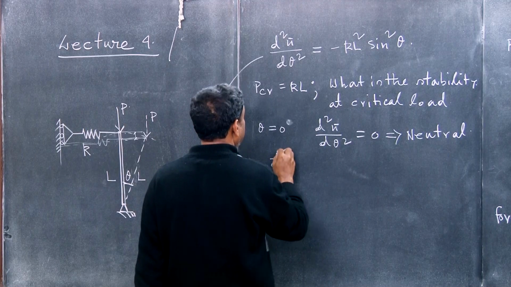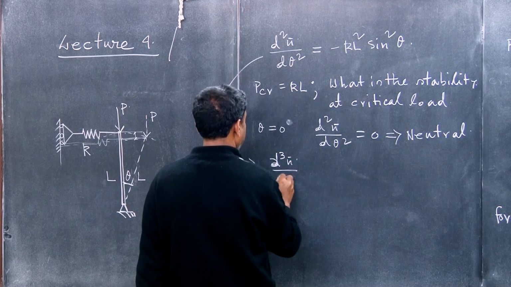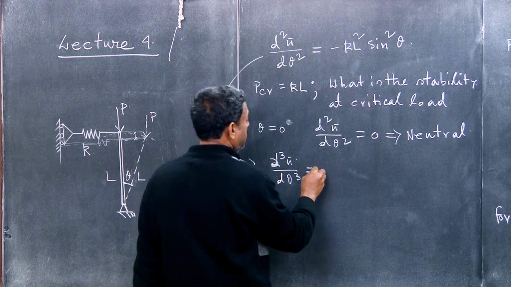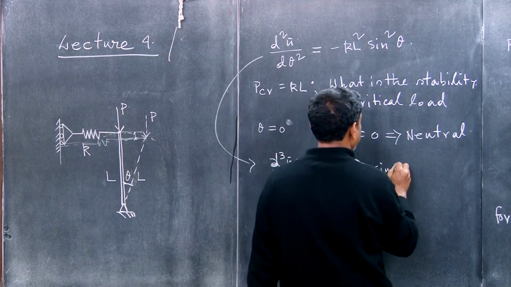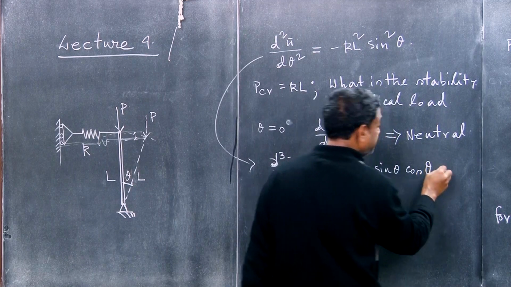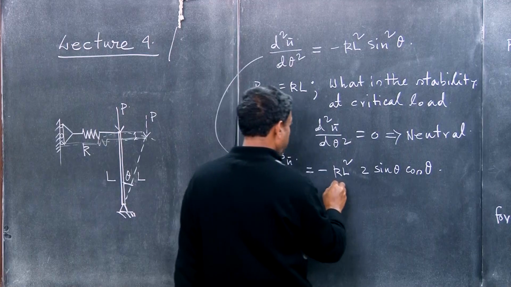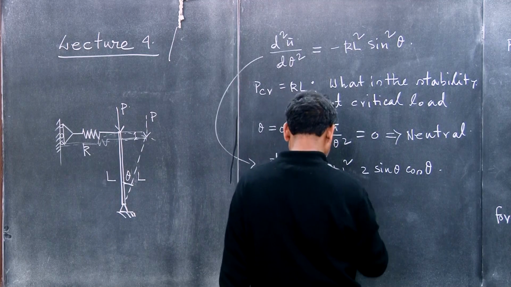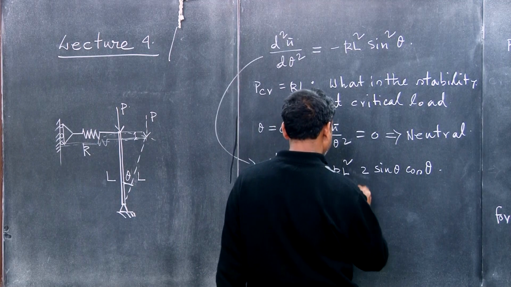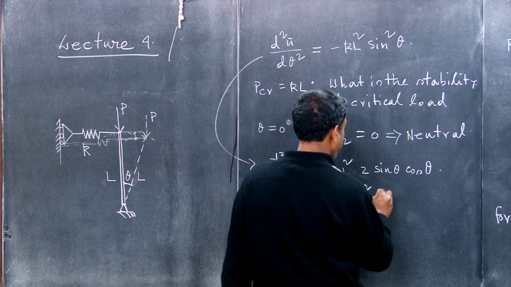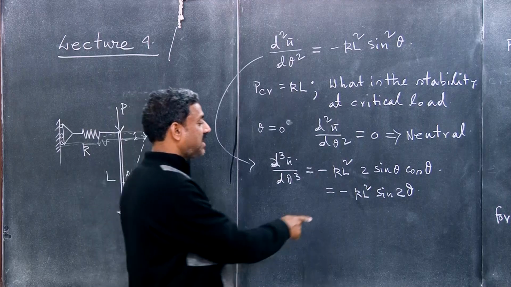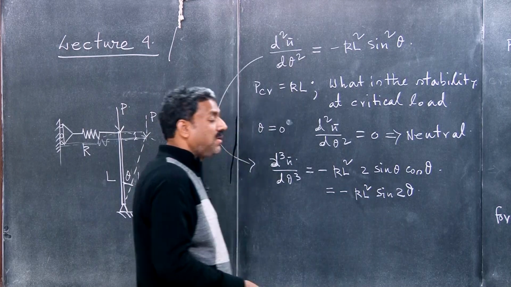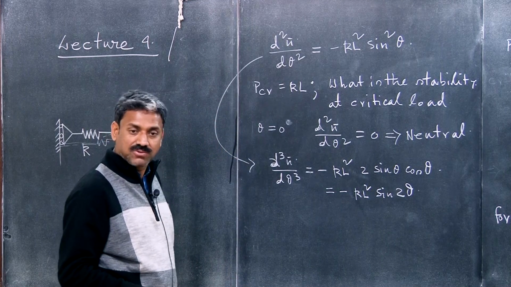So, del 3 pi d theta 3 is equal to minus K L square 2 sin theta cos theta, right. That means minus K L square sin 2 theta, right. Here also, if you take theta equal to 0, it is vanishing, it will not give any clue.